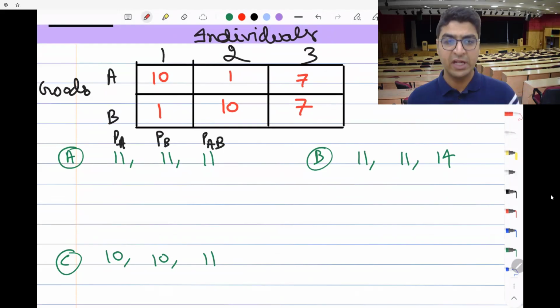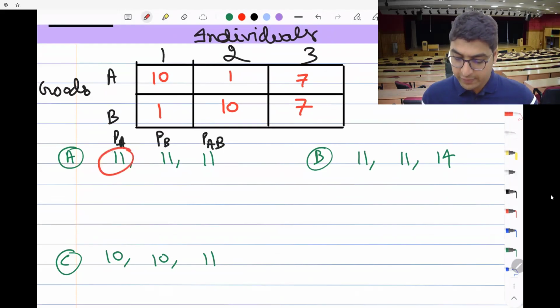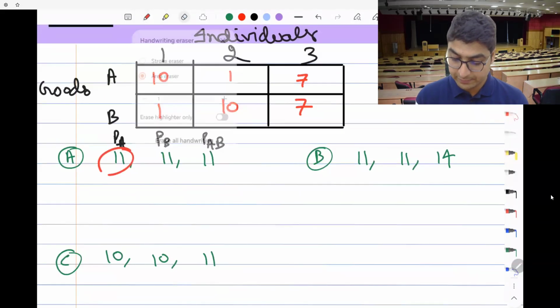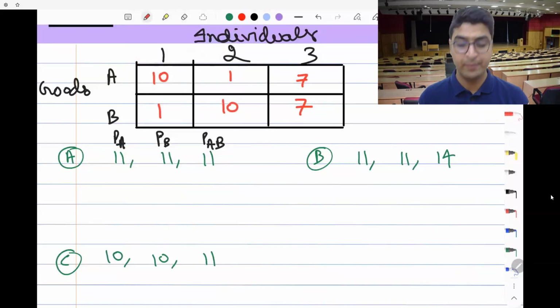Okay, 11, 11, 11. So अगर price of first good is 11, then in that case person A नहीं खरीद पाएगा, right? Person B भी नहीं खरीद पाएगा. Person 1 individually A नहीं खरीद सकता because उसकी valuation is 10 and the price is 11.